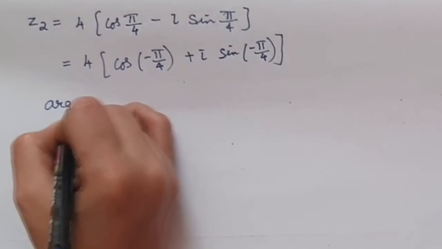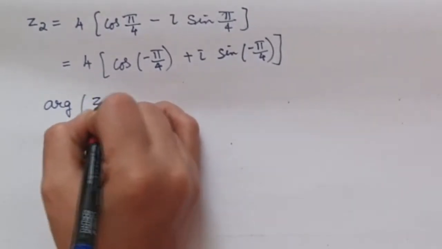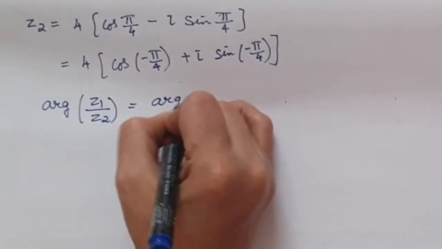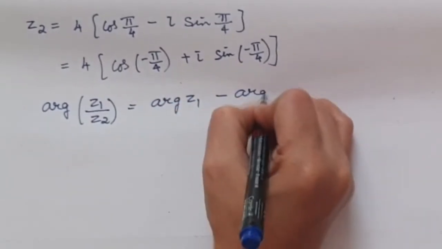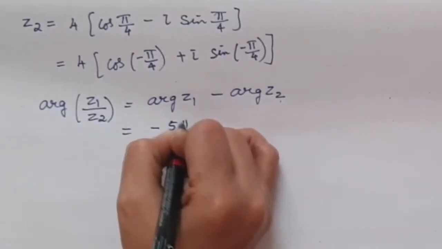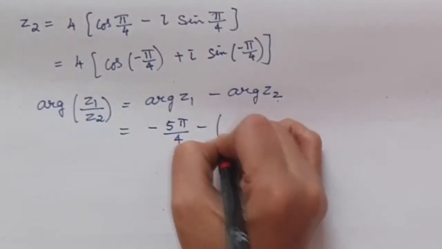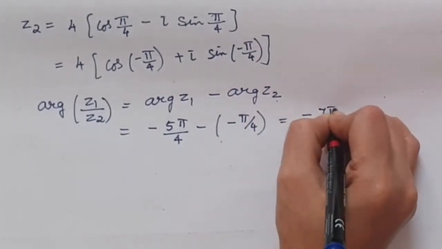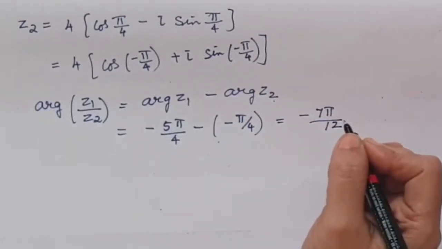So now our argument of z1 divided by z2 will be equal to argument of z1 minus argument of z2. Argument of z1 is minus 5 pi over 4, then minus pi over 4. So it will give us minus 7 pi over 12.